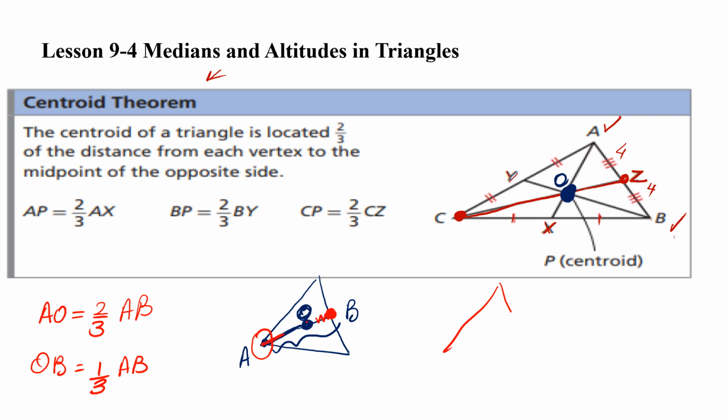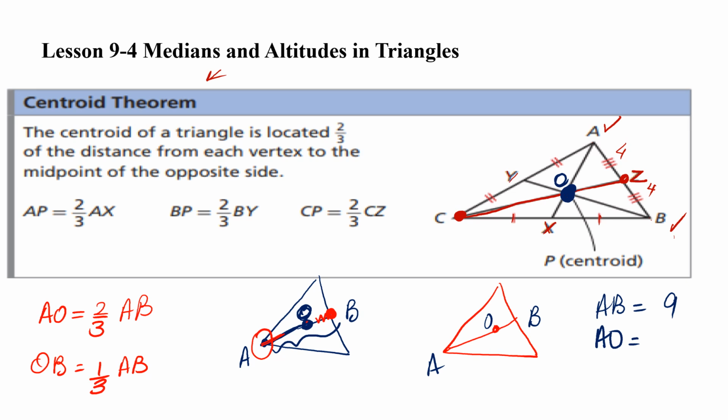Now let's try to understand this in a more proper way with numbers. Say this is A and this is B, and AB is equal to 9. Think properly and use your common sense: AO is 2/3 of the whole line AB. So how many parts?